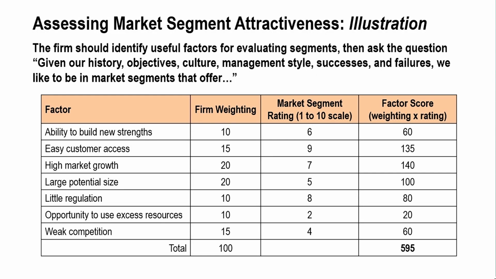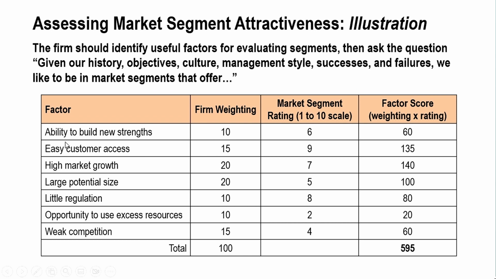This is another interesting and easy to use, but very powerful, multi criteria decision making approach with respect to market segment attractiveness. So, here as you see, we have identified factors for segment attractiveness.